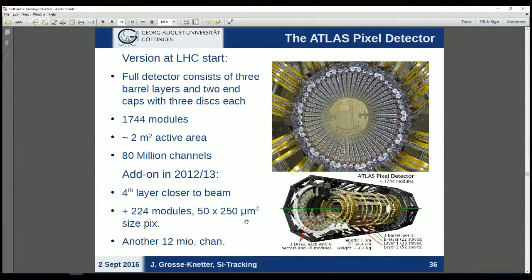We could make the pixels smaller by then because the electronics had advanced. So we had more than 200 modules with 50 by 250 micrometer pixels inserted in the innermost part of the pixel detector, adding another 12 million channels. So we have an almost 100 million channel ATLAS Pixel detector by now. That is happily doing b-tagging and tracking for us.